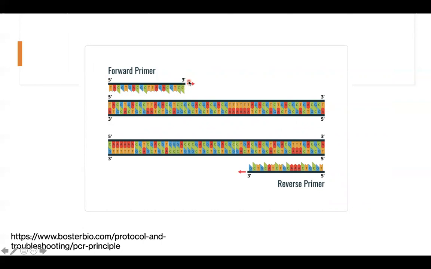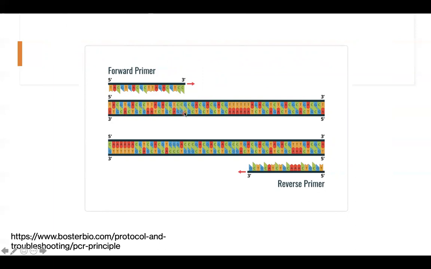And the 3 here has an OH part, which is important para makatalyze ni DNA polymerase yung addition ng bago nating nucleotide. Okay. So, etong 5 going to 3, forward primer natin ay didikit siya dito sa part na to.